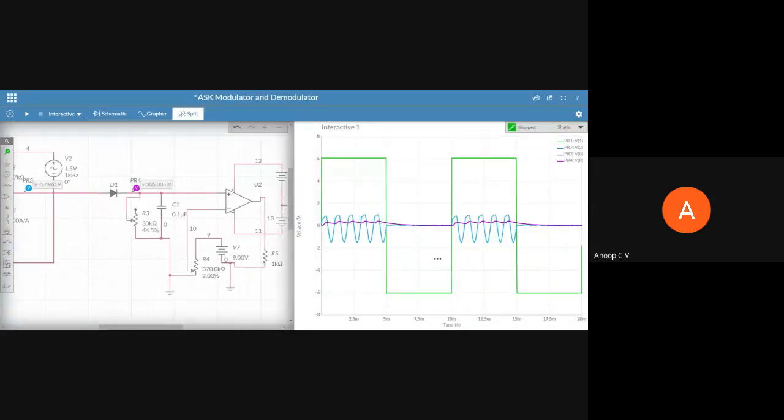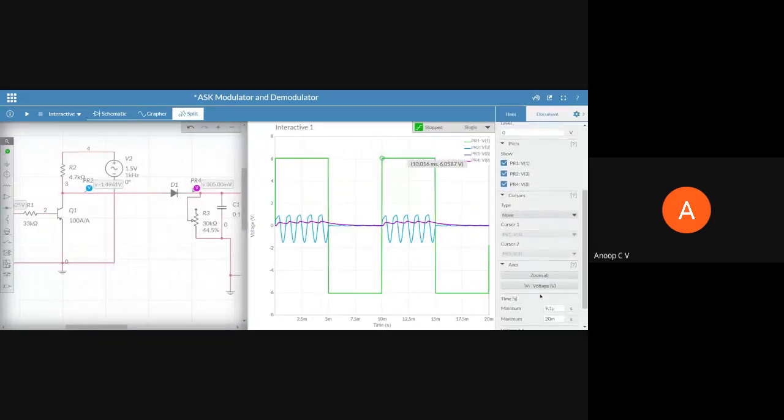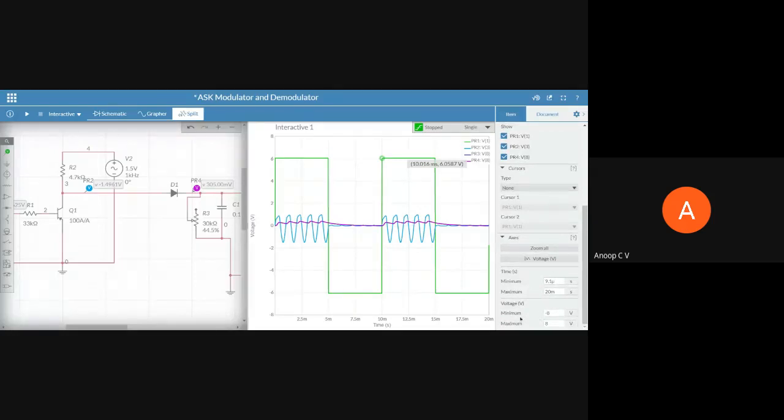Before that, I'll zoom in and show. We'll analyze this envelope detector output. You can see it spans only less than 400 millivolts or so.